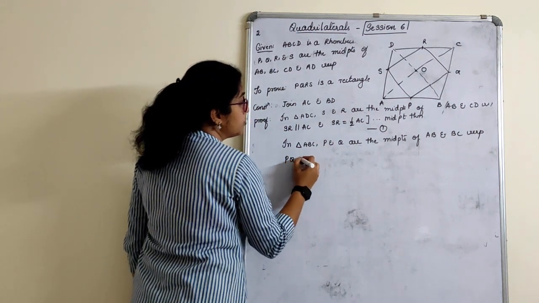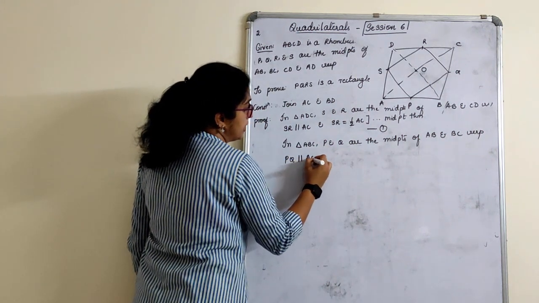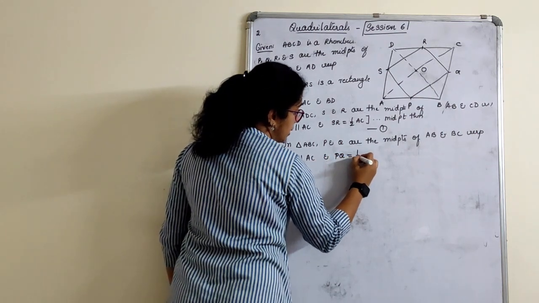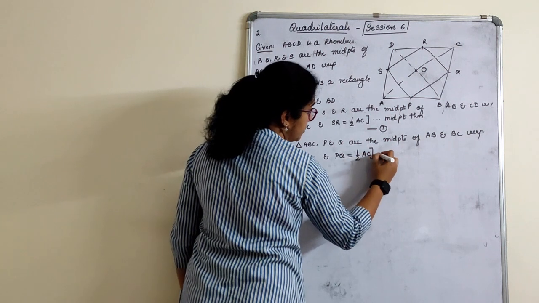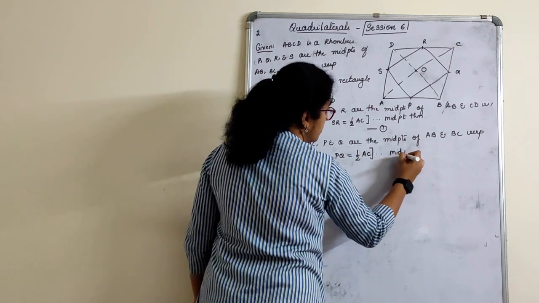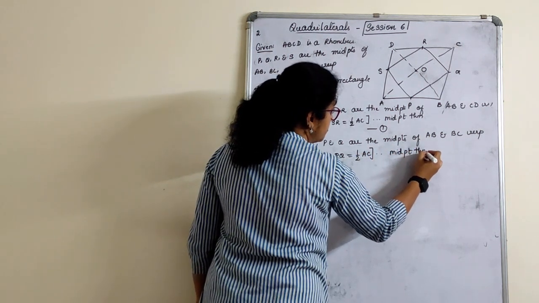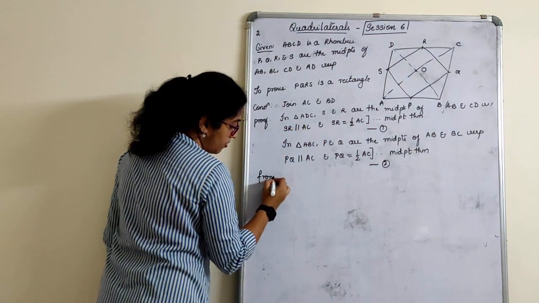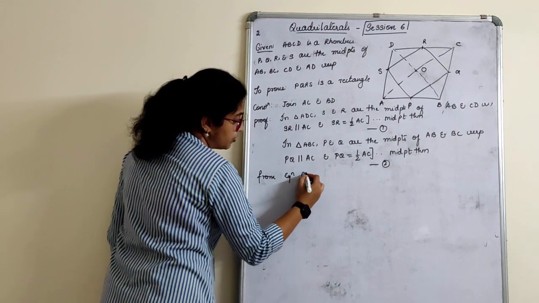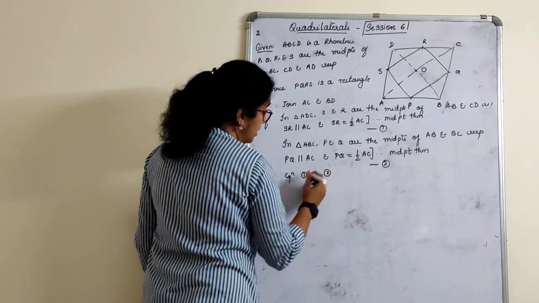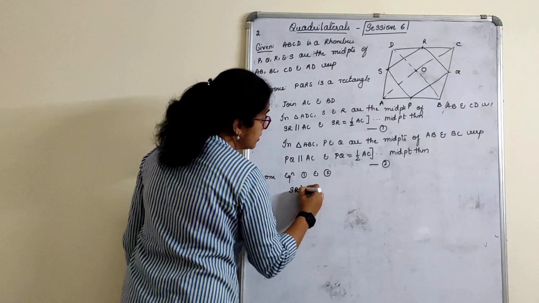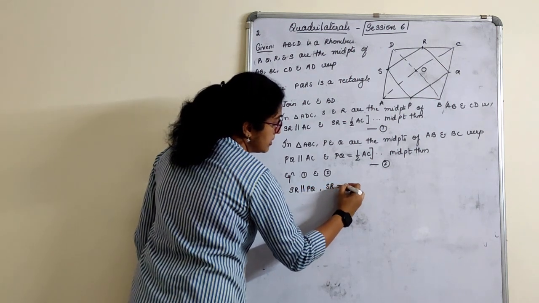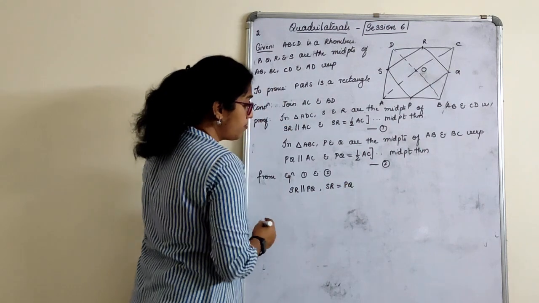Therefore, PQ is parallel to AC and PQ is half AC. Reason: midpoint theorem, equation 2. From equation 1 and 2, I can tell that SR is parallel to PQ and SR is equal to PQ.